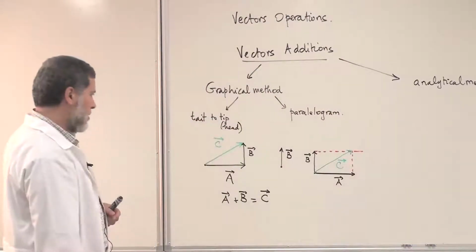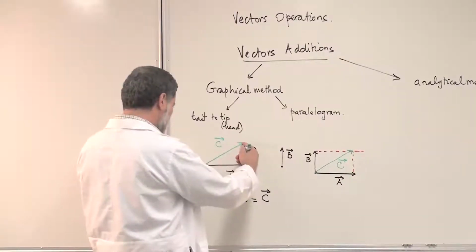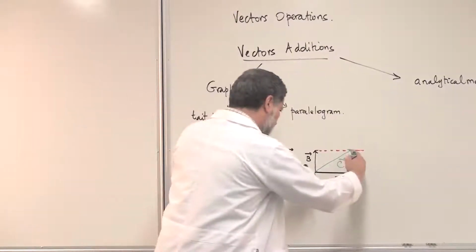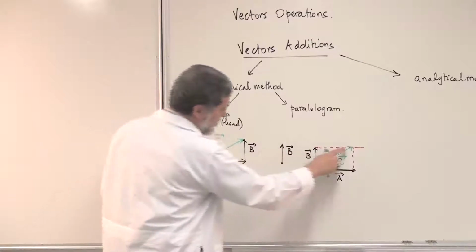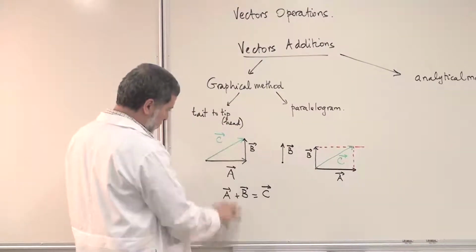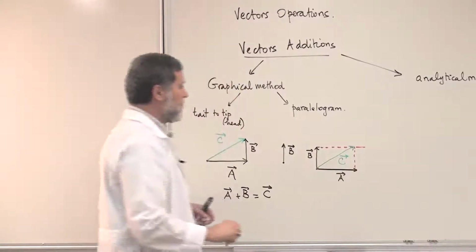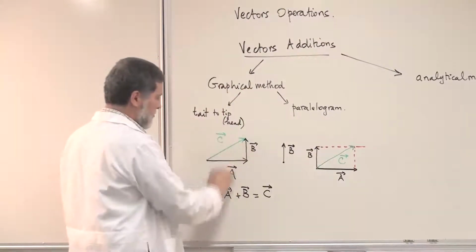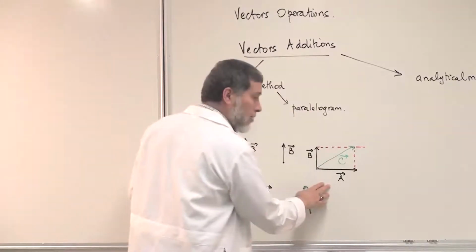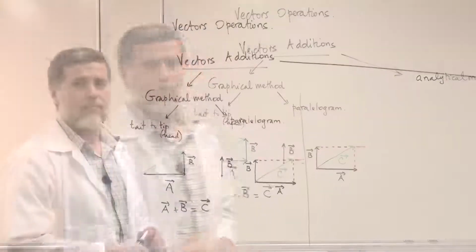And we notice, if we have a ruler and we keep the dimension the same, this length is exactly this length, and this direction is exactly this direction here. So vector C through this method and vector C through the other method are exactly the same. We call this the tail to head method, and this the parallelogram method. And this is how you add vectors graphically.